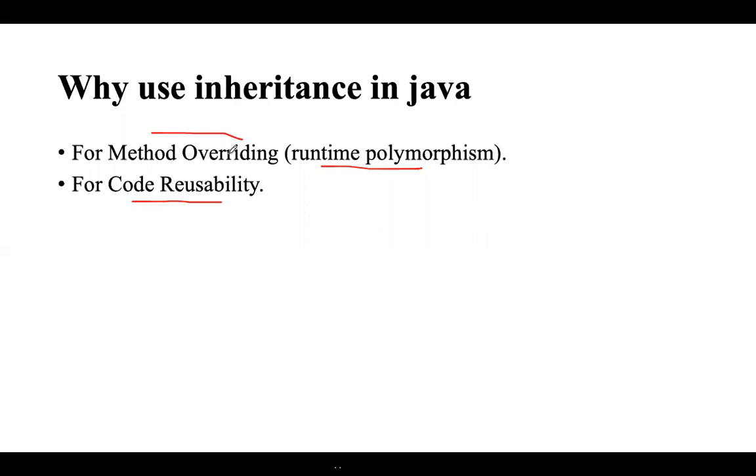If I say it again shortly, if the methods available in the parent class are written again in the child class and you are using them, that is called method overriding. But we will see this in detail in our chapter of polymorphism.